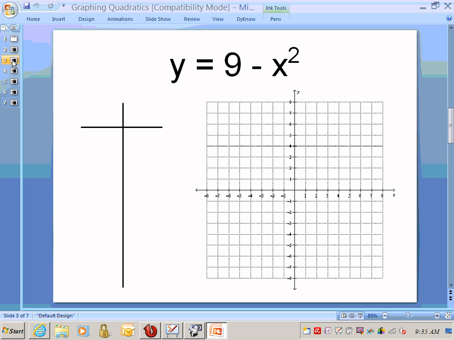What is wrong with this equation? When I'm looking at it, what looks odd about it? Negative x squared should be first. It's not in standard form, right? So let's go ahead and fix that. This should be y equals what? Plus 9. Good.